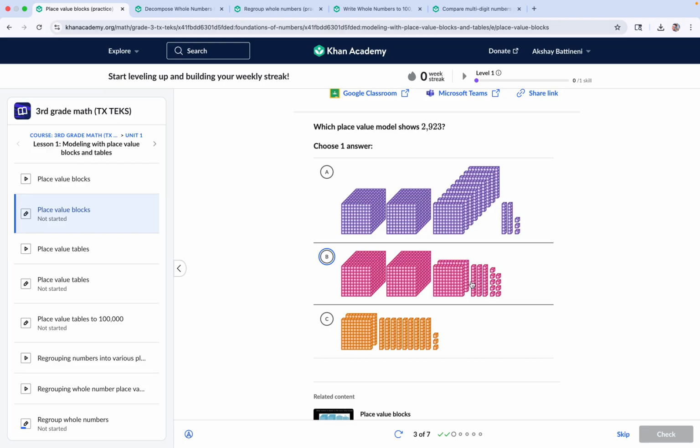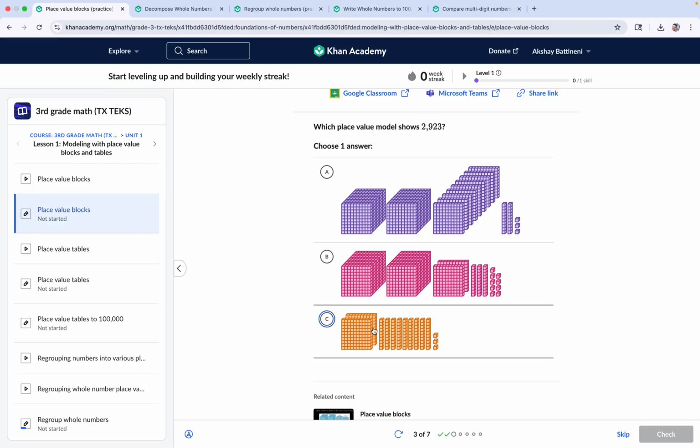We're only supposed to have 2 tens. Now that means it's 2,230, and then we have 9 of these. We're only supposed to have 3, so it's 2,293. Okay, thus the first number is right, but just the last 3 numbers kind of got mixed up there.